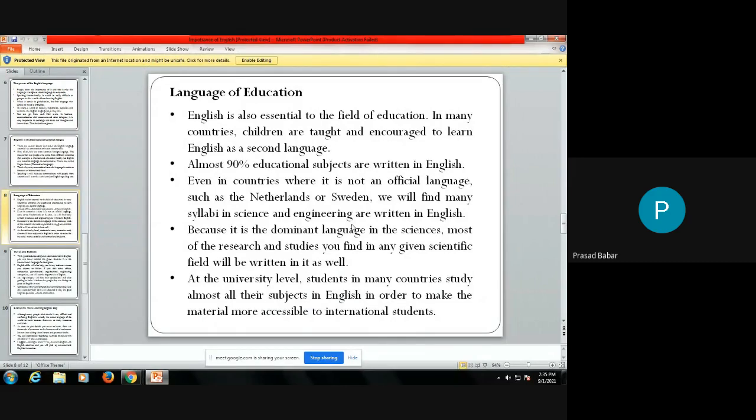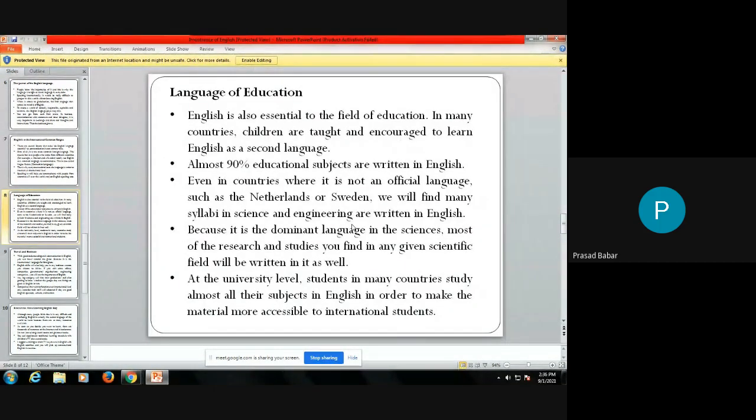If you want to do a paper presentation, or attend a conference or a general meeting in corporate offices, they only use English to communicate with each other.